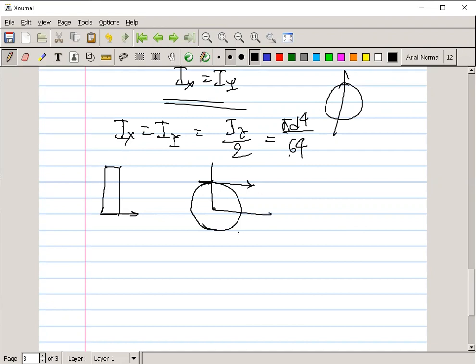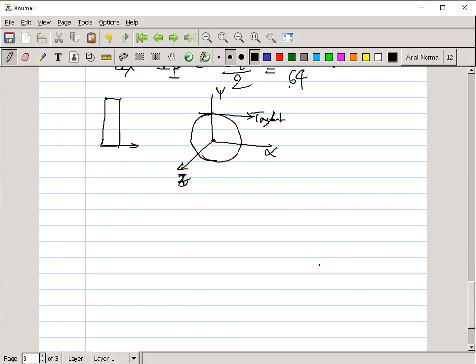This is your x and y axis, centroidal axis, and this is your z axis, this is your x axis, this is your y, and this is your tangential axis. If in the question they say it like that, find the moment of inertia with respect to this tangential axis, then how can you find it for the tangential axis?